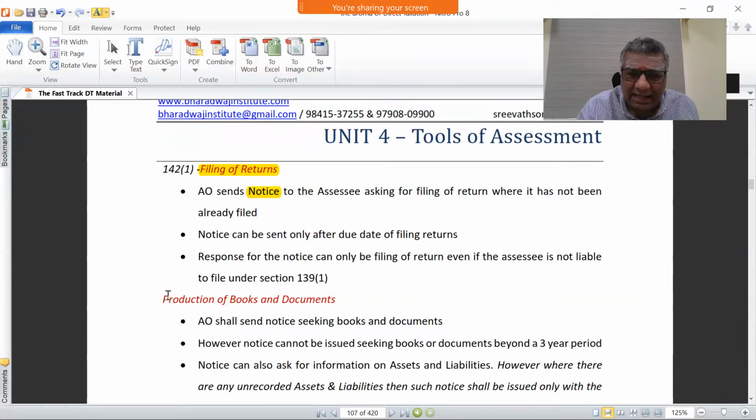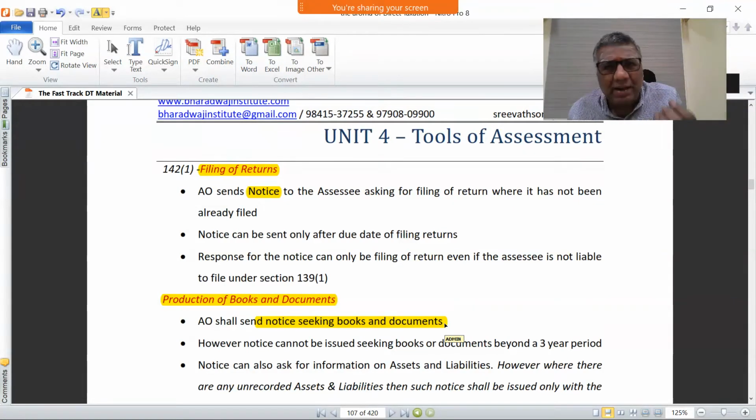The second process is sending you a notice asking for books and documents. The assessing officer sends you a notice asking you to produce books and documents. What can be the response? The response can be giving the books and documents only.